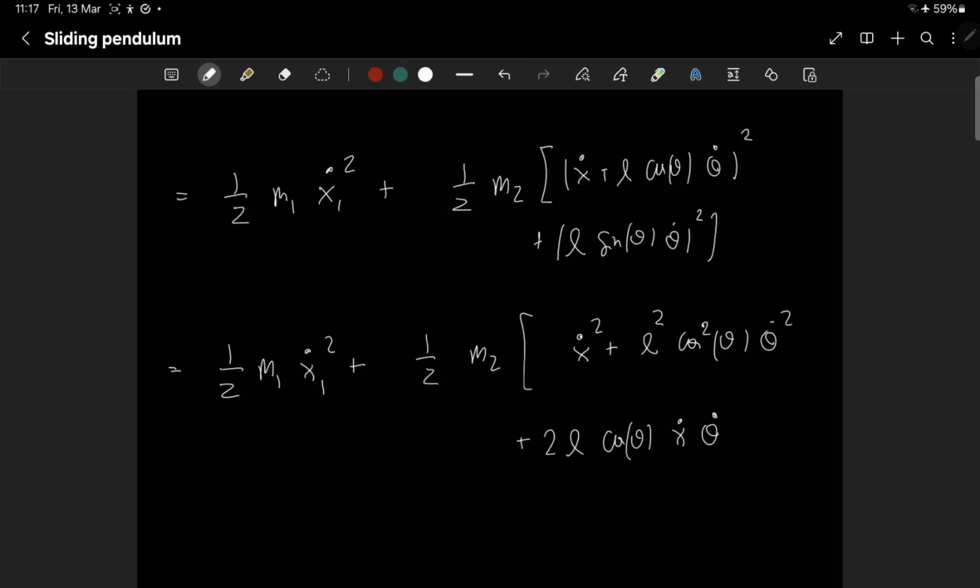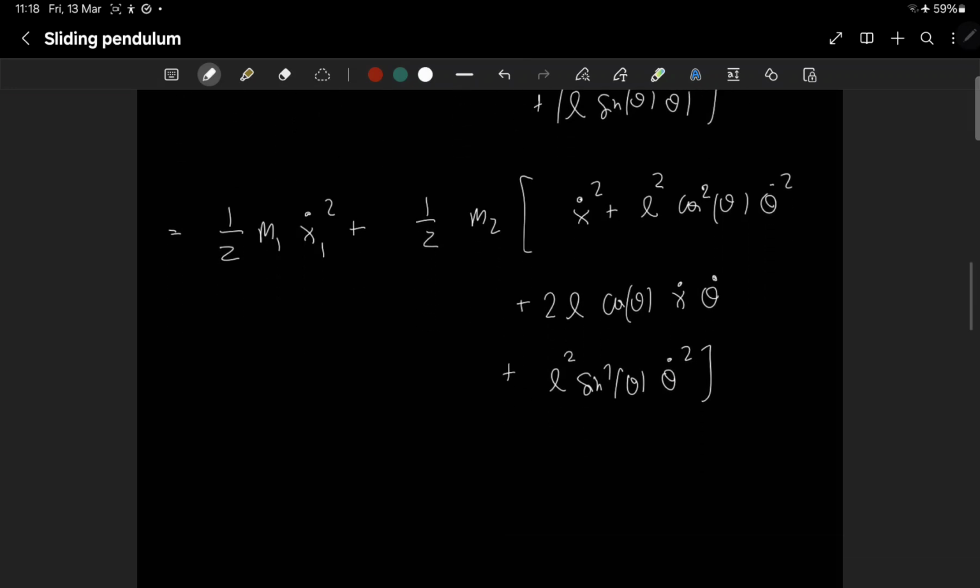All we did here is use the binomial theorem and expand this term with the square, and then we have plus L squared sine squared theta theta dot squared.